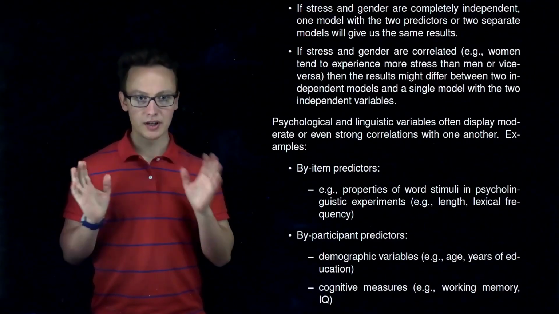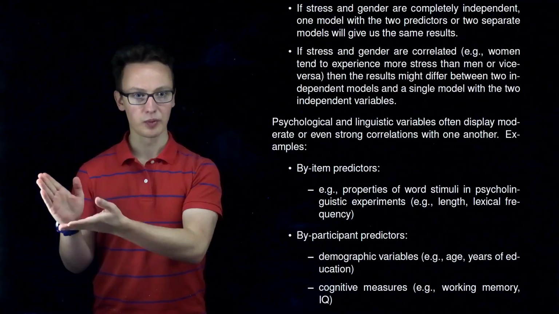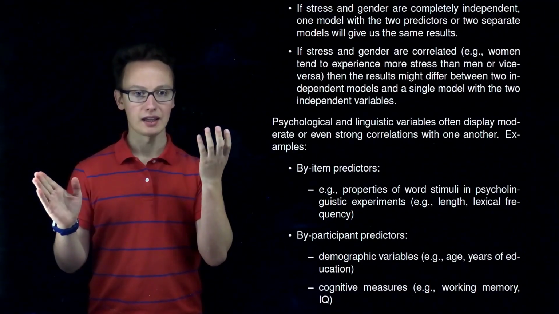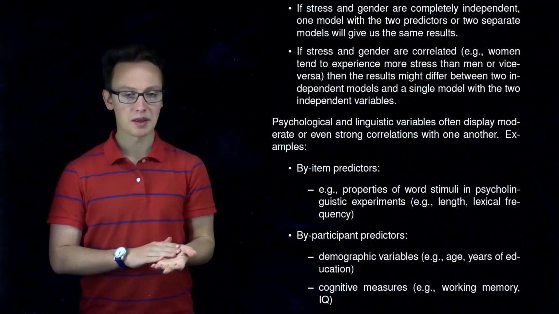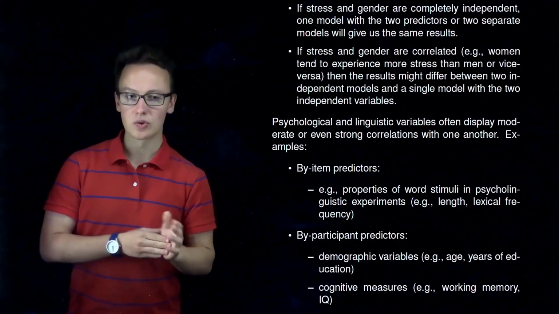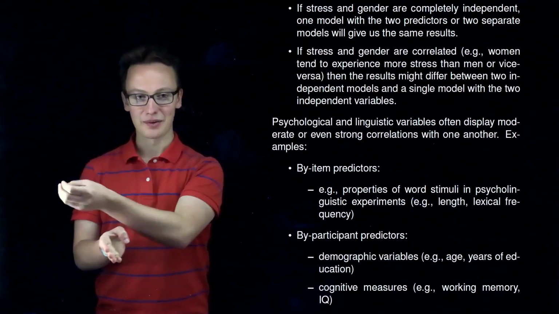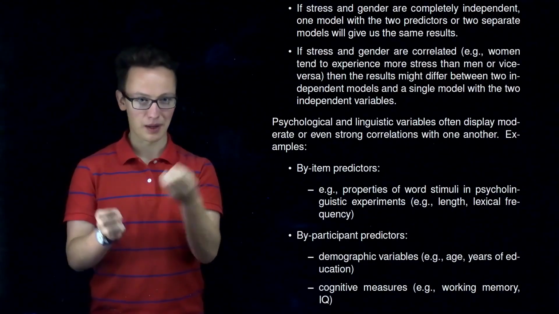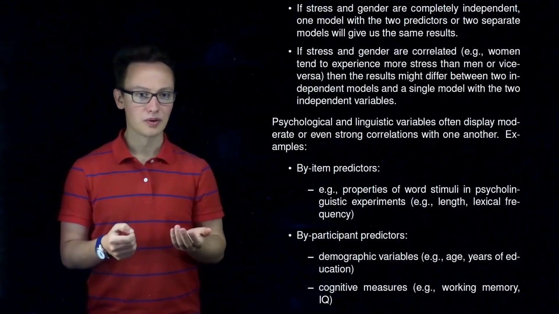But the problem is if you just fit a simple linear regression, let's say, trying to predict the reading time of the word by its frequency, you would get one slope for frequency, but you don't really know to what extent the variance in the reading time is really explained by frequency alone, or maybe just by word length.